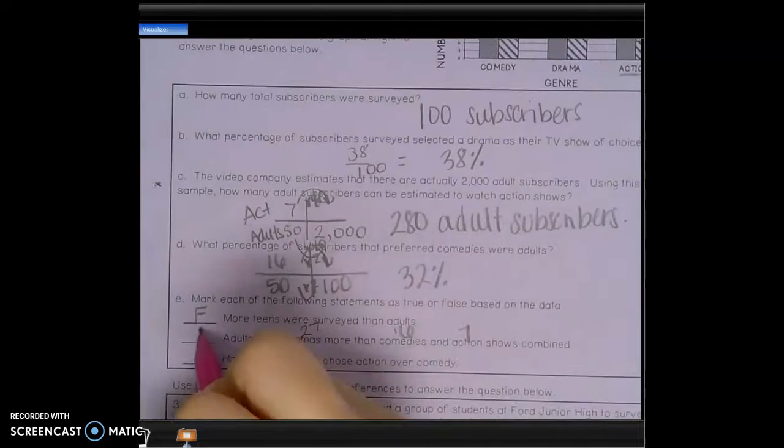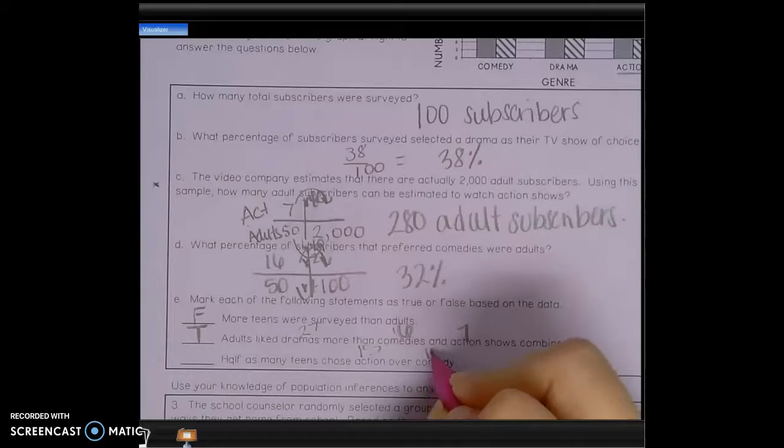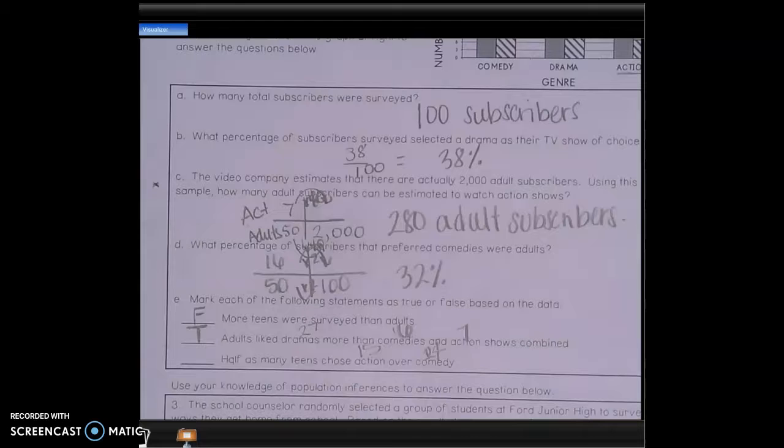This is going to be true because 27 is larger than 23. Half as many teens chose action, which was 15 over comedy's 24. 15 is not half of 24, so this is going to be false.